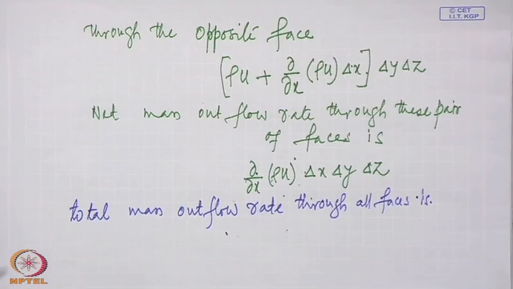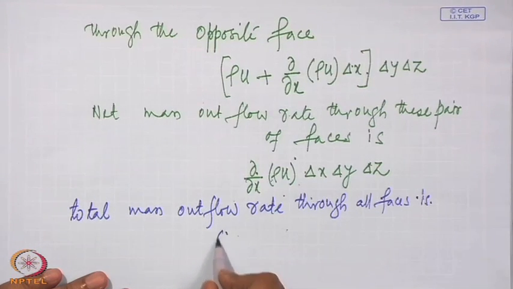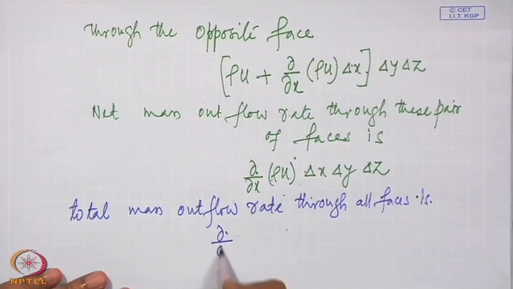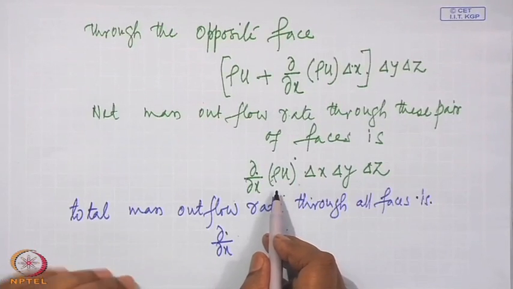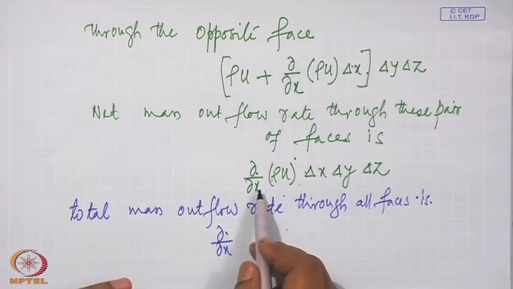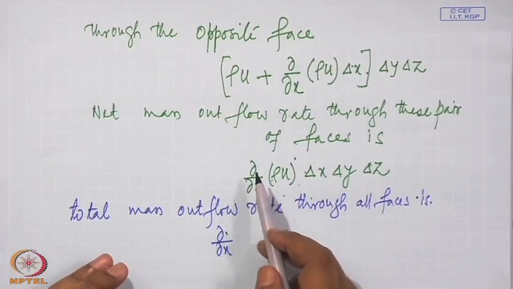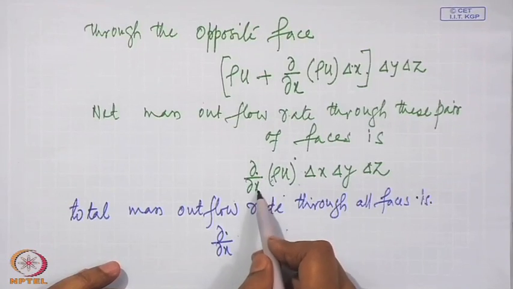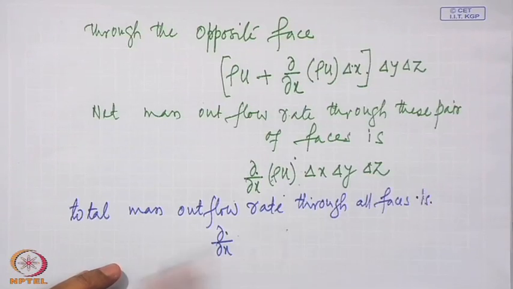See, similarly, the pair of phases which are perpendicular to y will give this term to be d dy of rho v delta x delta y delta z, and the phases which are perpendicular to the z direction again will give d dz of rho w delta x delta y delta z.